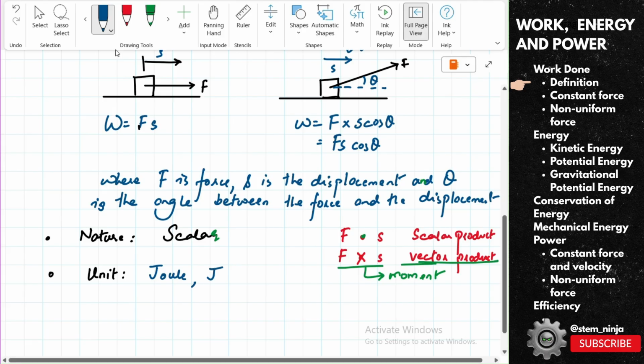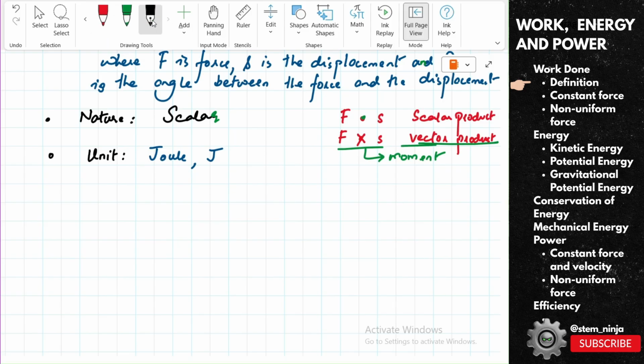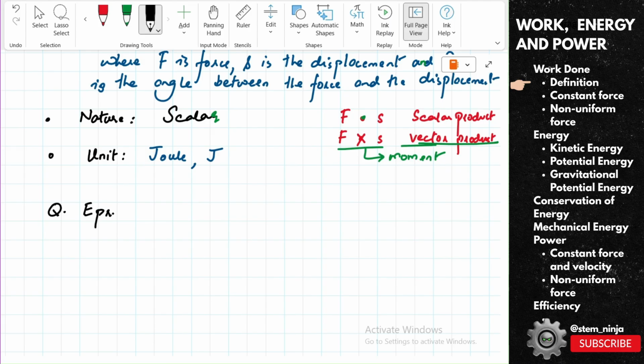J. A common question that could be asked is, express joule in base units.